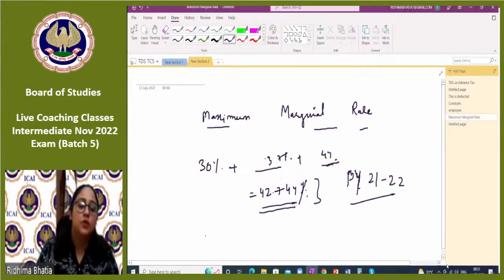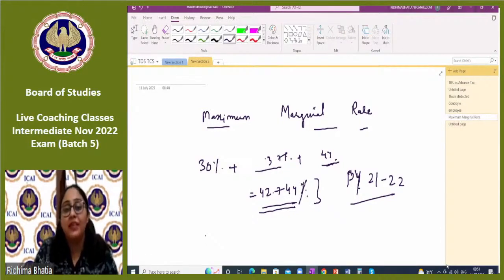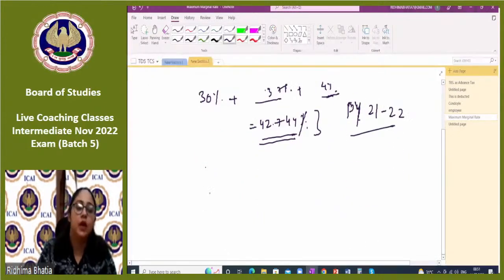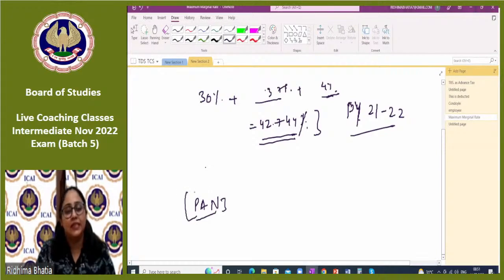PAN number is your identification number in tax. For any SSC, Ram, Mohan, Sita, Ram can be the name of many people, right? So how will income tax identify you? Through a unique number called PAN number, permanent account number, PAN. Okay, for every SSC there is a PAN.